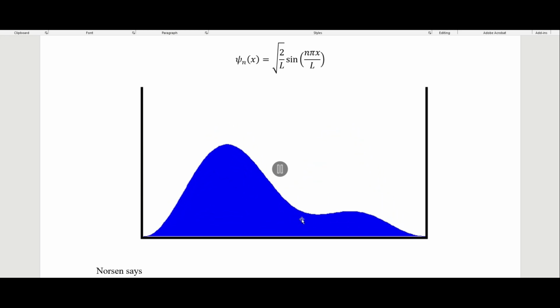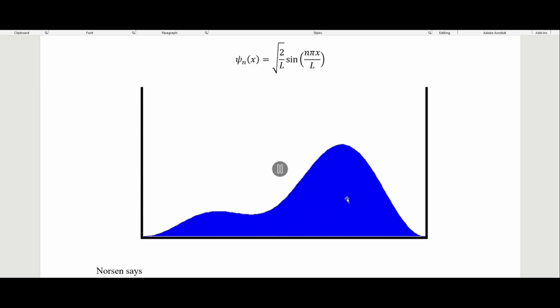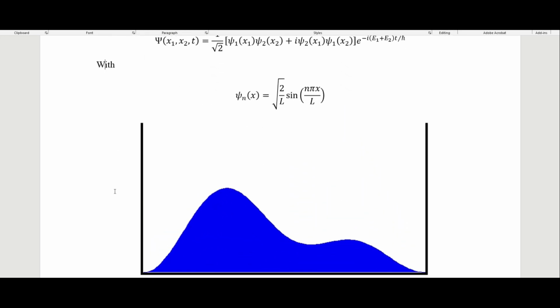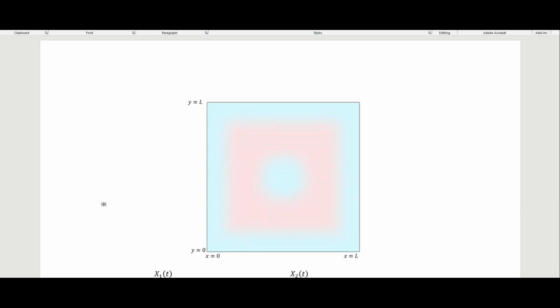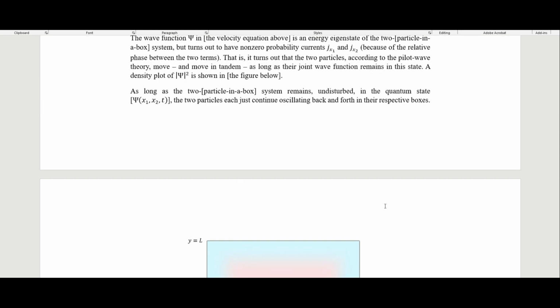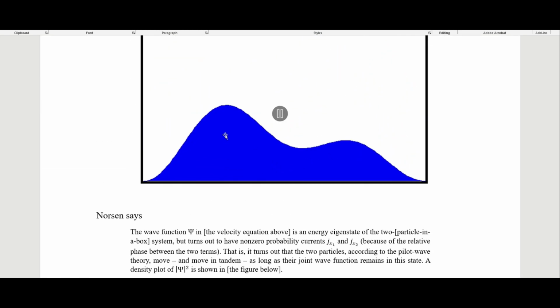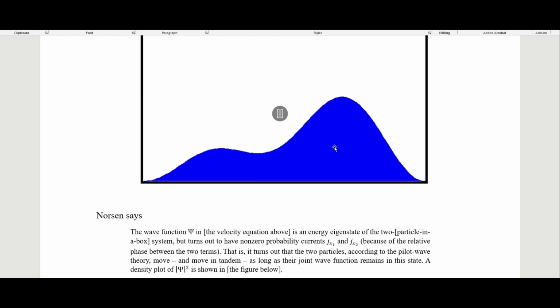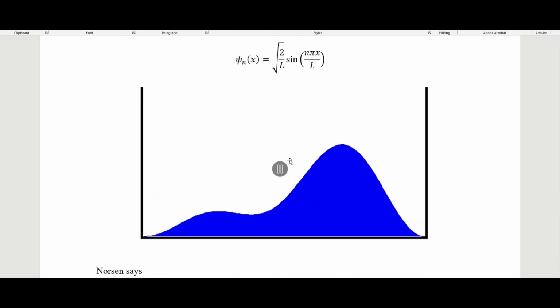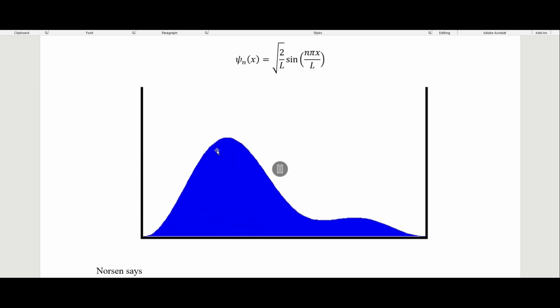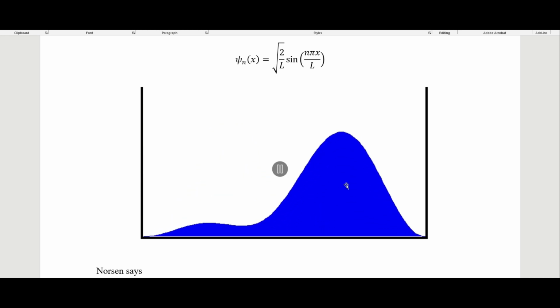And so when we have a two-particle system, we're going to get this in 2 dimensions, which we will see down here. So this is what it looks like in 2 dimensions, where we can think of this and the pink here as being sort of these right here, where we have this sloshing up and down. So this would actually be the square of our wave function here, which tells us our probability.